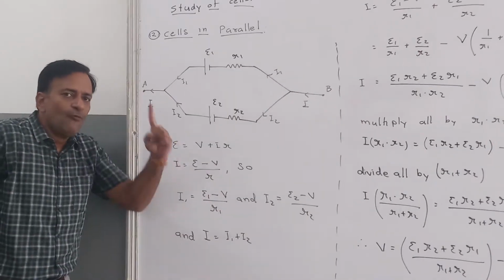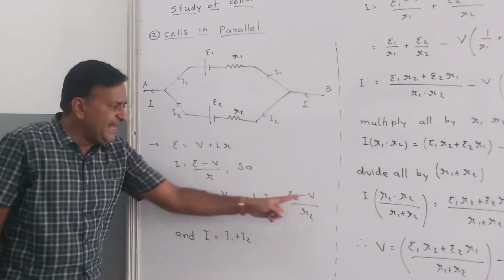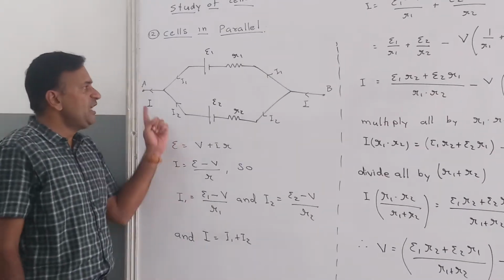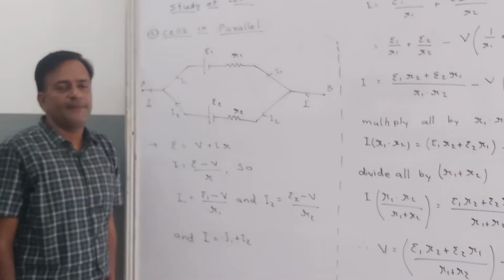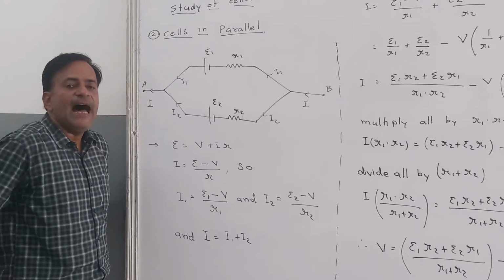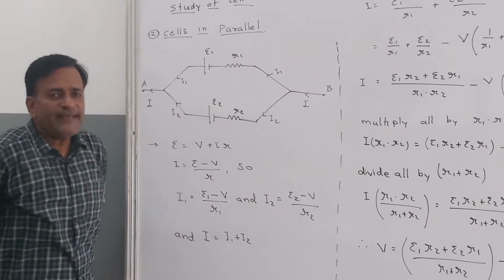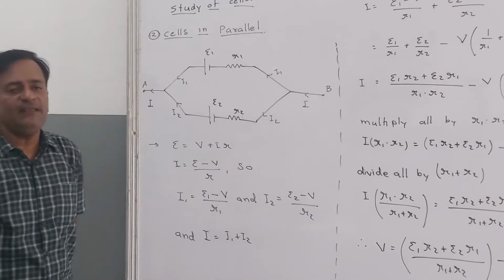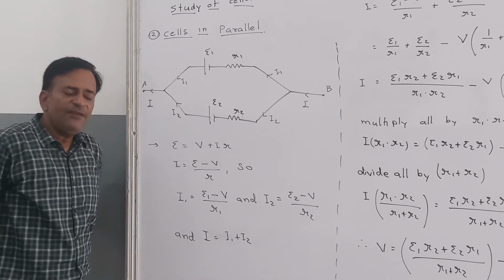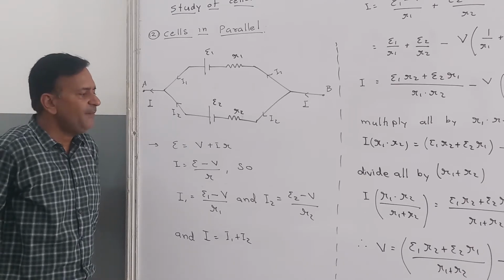Okay, now here one point to be noted. The potential difference V is not changing for both the cells. Why? It is because both the cells are connected in parallel. What remains the same in parallel connections? The potential difference, or the voltage, remains the same.